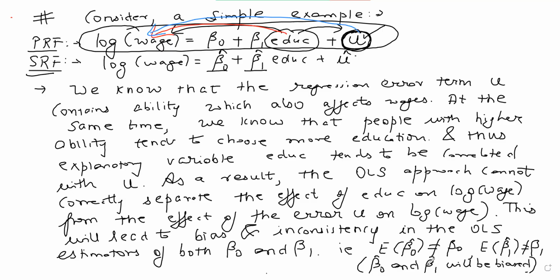And inconsistent means that they will not have the minimum variance among all other estimators. So they will be both biased and inconsistent in estimating beta naught and beta 1. Okay, so I hope students are clear till here.